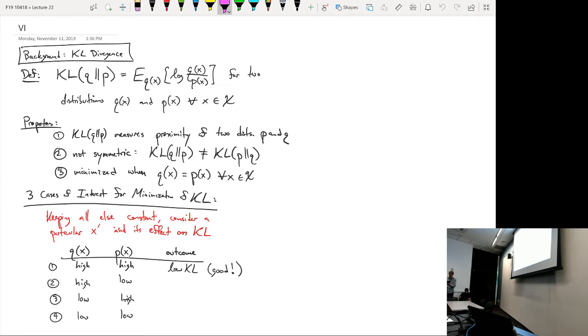Thanks for clarifying that. So there's some specific x prime that we're talking about here, and we're thinking about how it affects the KL divergence, keeping everything else the same.